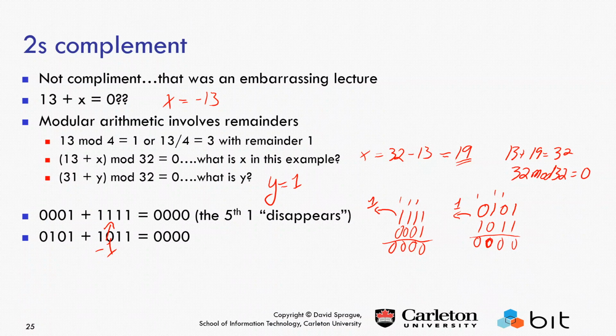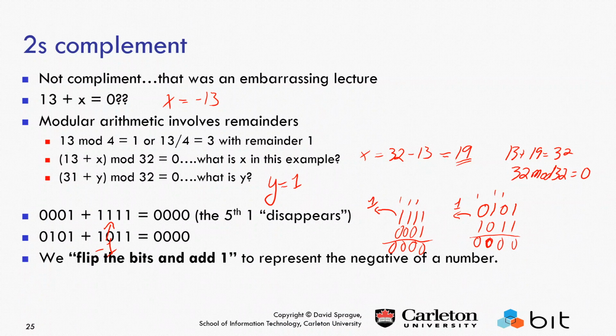That's what 2's complement is. So what we do here to get this, by the way, and we'll talk about this more in 2 slides time, is we're going to take the original number we have here, 0101. We will then flip all the bits. So 0101 flipped would be 1010.